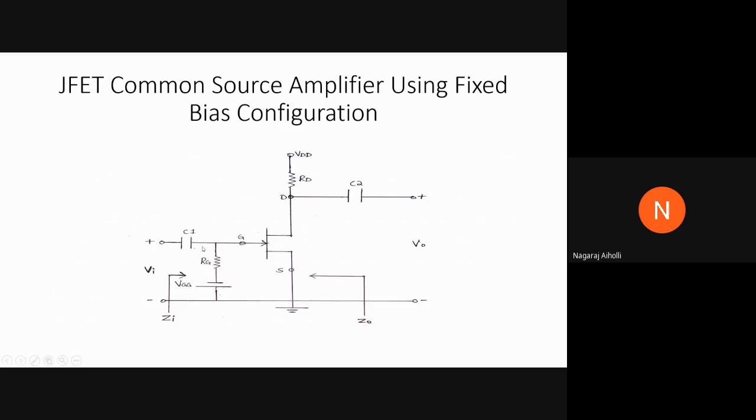So C1 is isolating the AC input voltage VI from the DC voltage VGG, because it blocks the DC and passes only the AC signal. Similarly, the output coupling capacitor C2 is isolating the DC voltage VDD from the AC output voltage V0. Again, it is the same function: as it is a capacitor, it blocks the DC and passes only the AC signal.